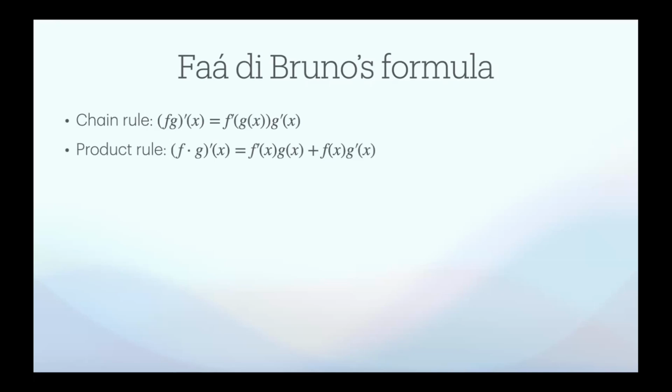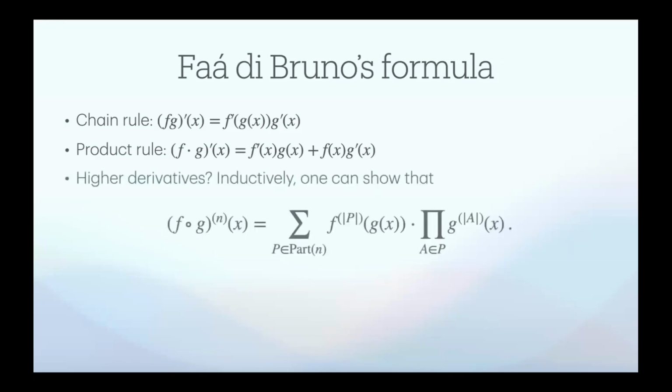One may wonder, is there also a chain rule for the higher derivatives? As you can see, there's a product appearing in the chain rule. So if you want to iterate taking derivatives, then one has to combine these two rules. If one does this and sets up the induction in a clever way, then one arrives at the following formula.